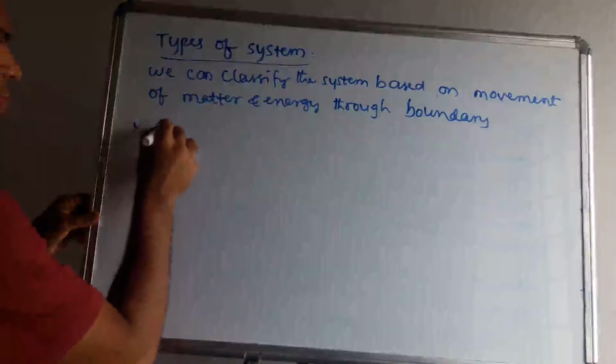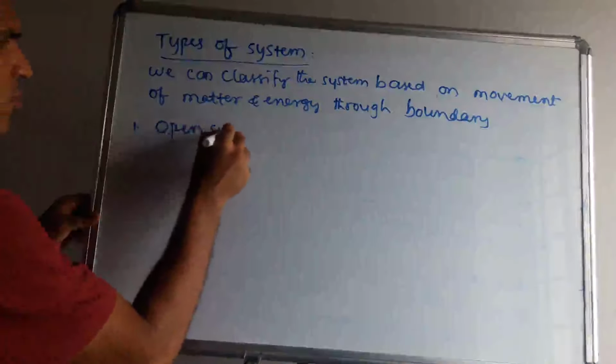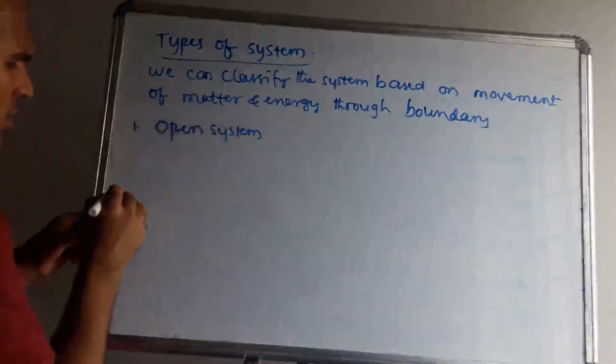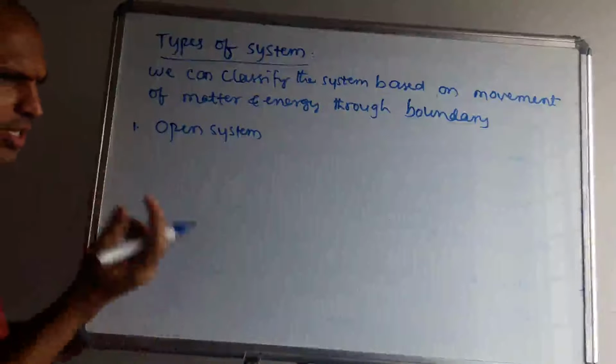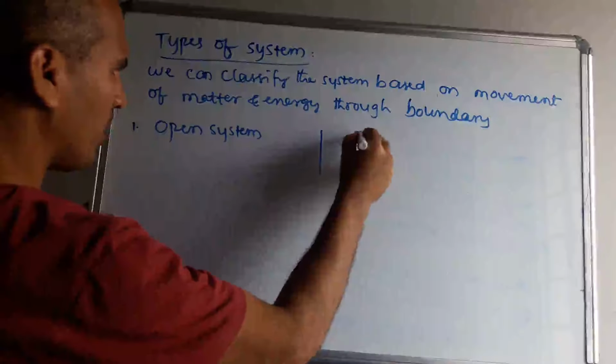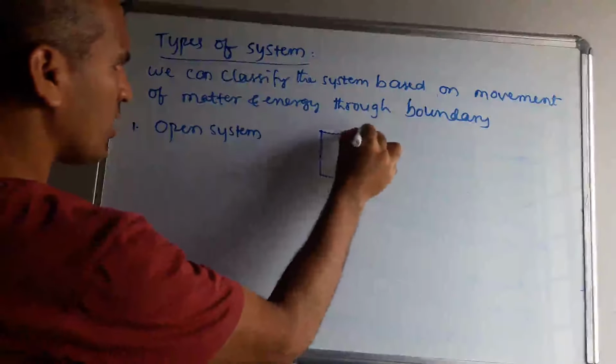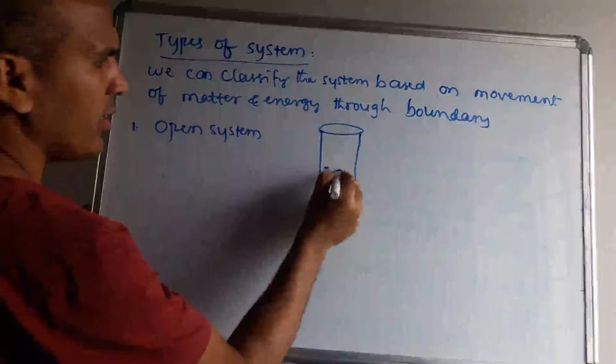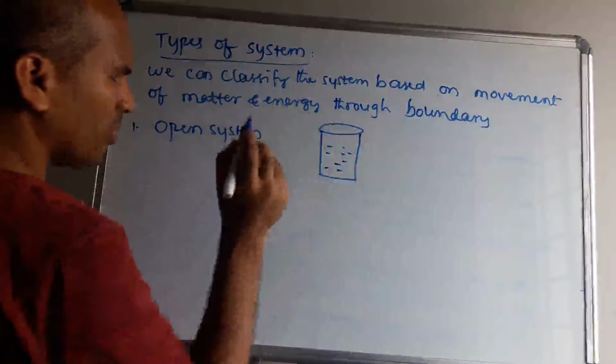One is the open system. Later I will write the next ones. The first one is the open system. Now take a beaker. This is open. In this, consider water molecules or some reactant.